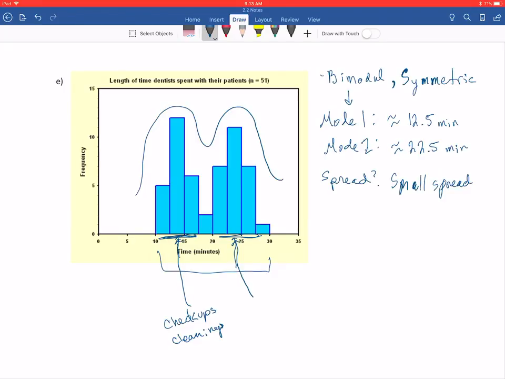And probably these patients up here who are taking a little bit longer, that might be something like getting fillings or other procedures that might take a little bit more time. So again, maybe there are two different groups.